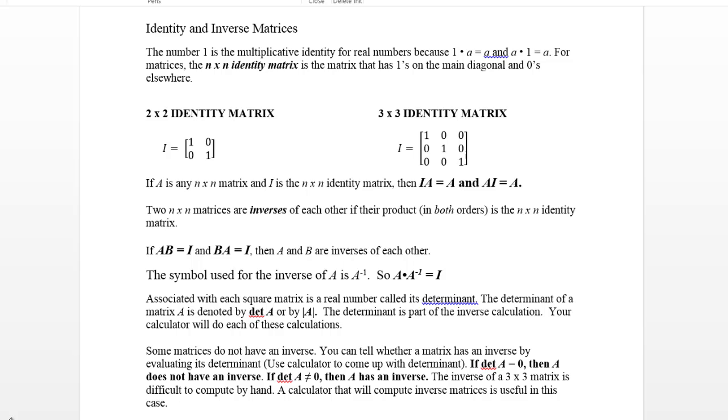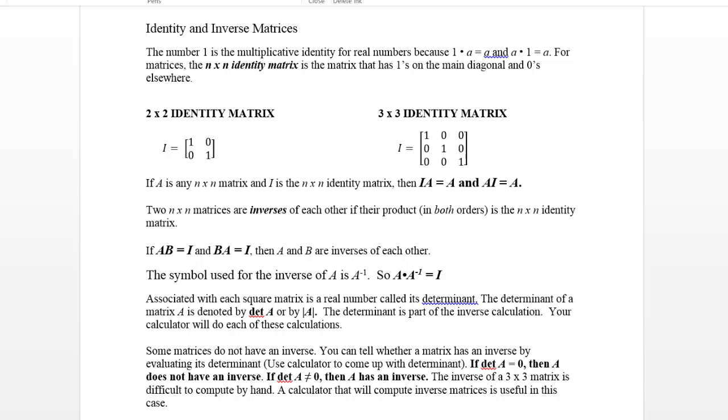So anytime you're working with identity matrices and inverse matrices, they're going to have the same row and column dimensions as the original matrix. So that makes things a little bit easier. At some point during class, you're going to learn how to multiply matrices by hand, and we'll go over that in more detail.